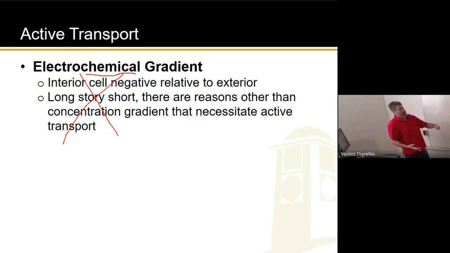It's already equaled out. And all this is saying is even though it might be equal, it's not all about concentration gradient. Sometimes it's also about the electrical story, right? This one's negative, this is positive. So again, I don't think you need to know this. I'm only bringing it up because it's in your textbook. And when you read your textbook, which I'm sure you are, you need to see that.